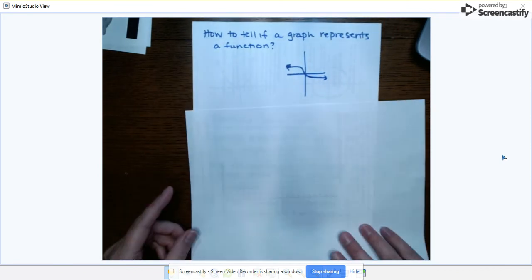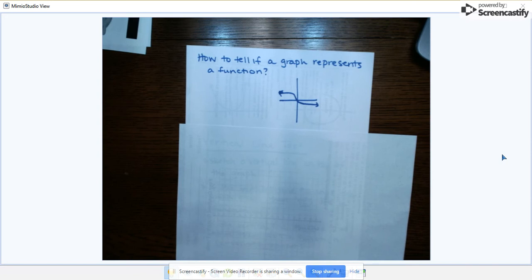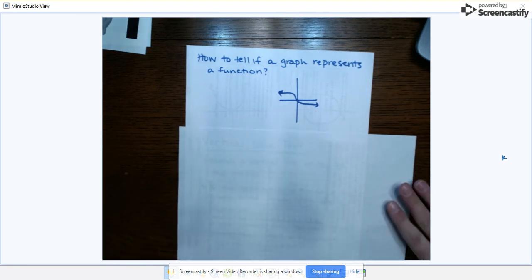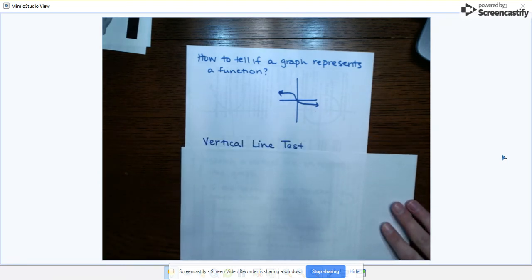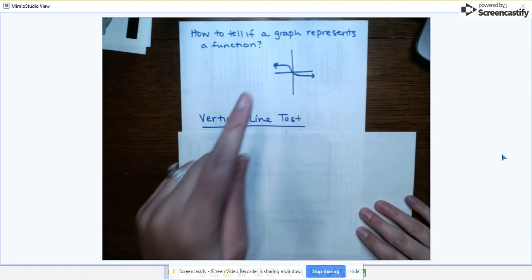All right, sometimes though we're going to be given a graph and we have to decide, is this a function? Well, I don't know all the points that helped create this graph, so I can't just look to see if my x is repeated in my table. So we introduced something called the vertical line test. And the vertical line test is a really easy way to test whether this is going to be a function.